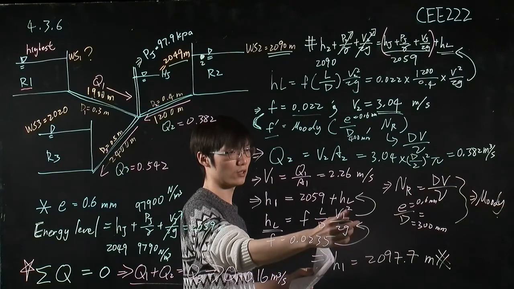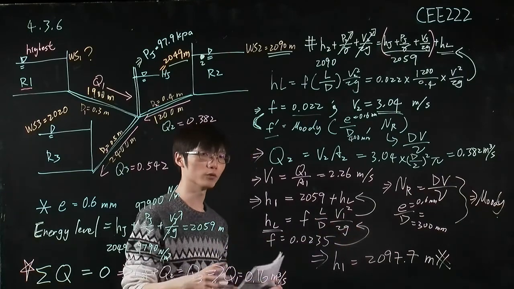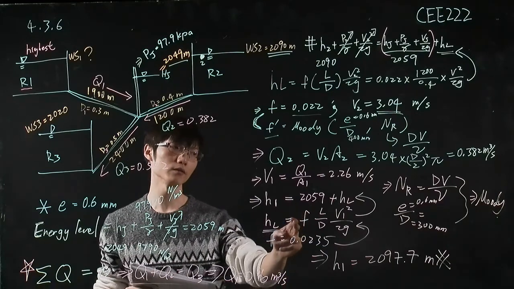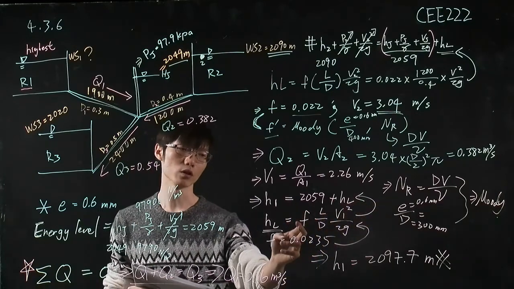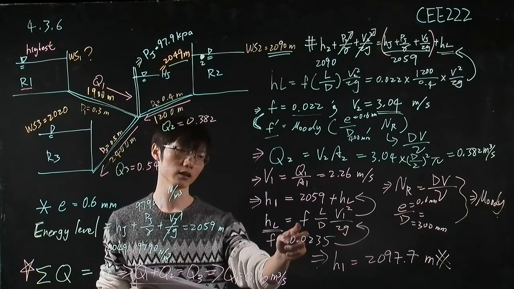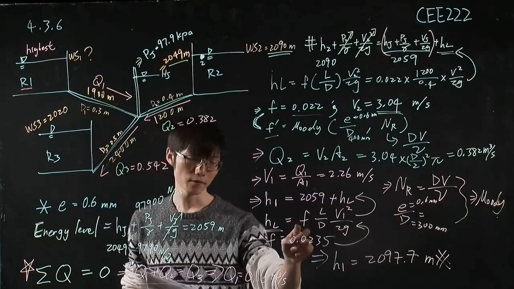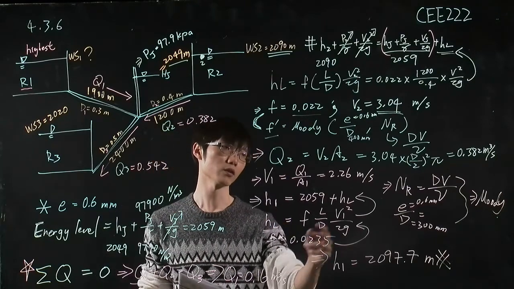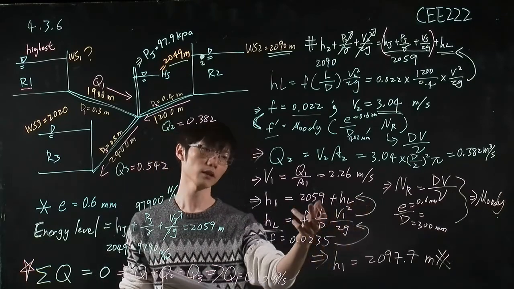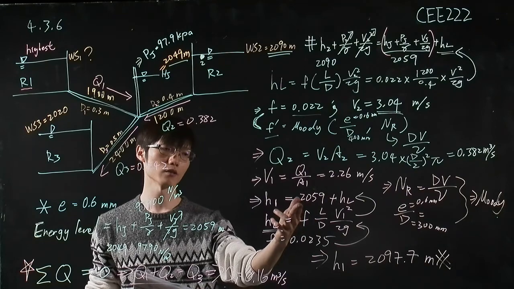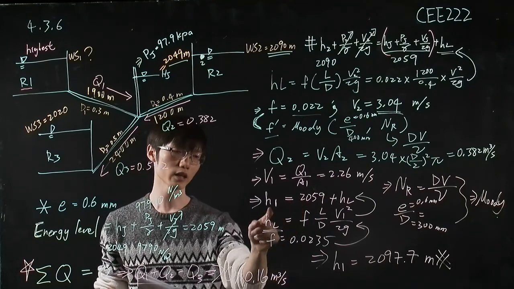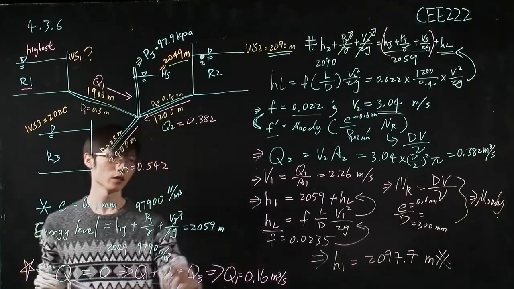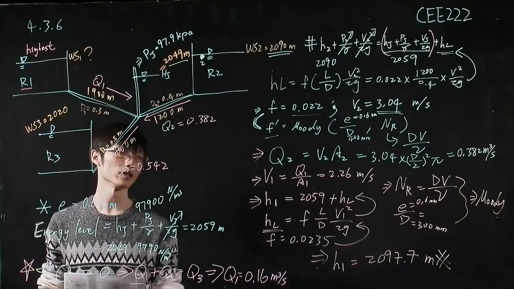Because now the velocity is a known parameter, we don't need to guess the factor f. You use the Moody diagram to find the number for this factor f. Then you know the head loss. Then if you know the head loss, you just plug it into this energy balance equation, and you will get H1, the final answer, which is 2095.7 meter.